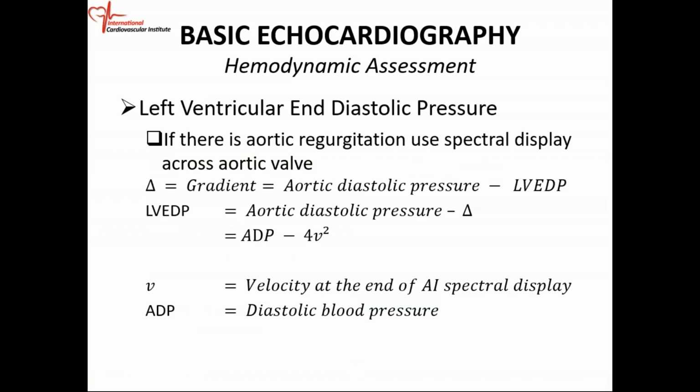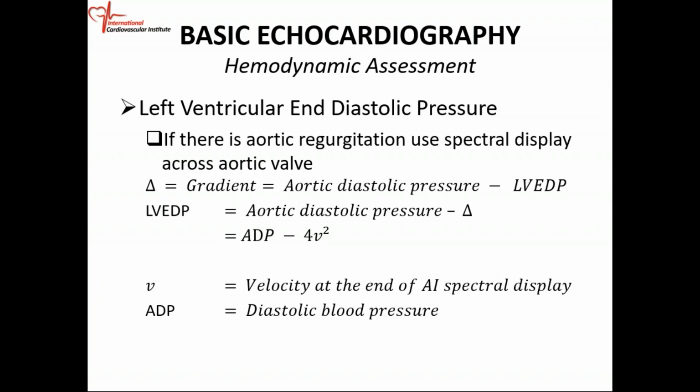Okay, so similar to our PA pressure, where we were able to get PA systolic and PA diastolic pressure, we can also get your left ventricular end diastolic pressure. So again, when we talk about any pressures, you're going to have systolic, which is on top, and diastolic, which is below.